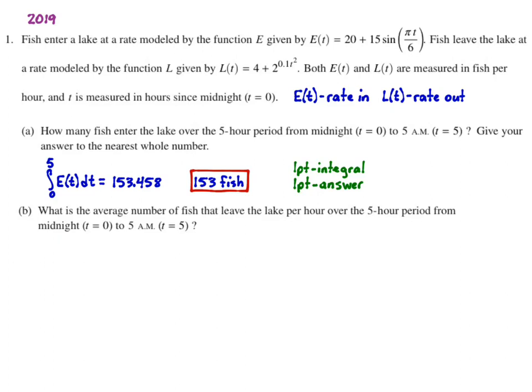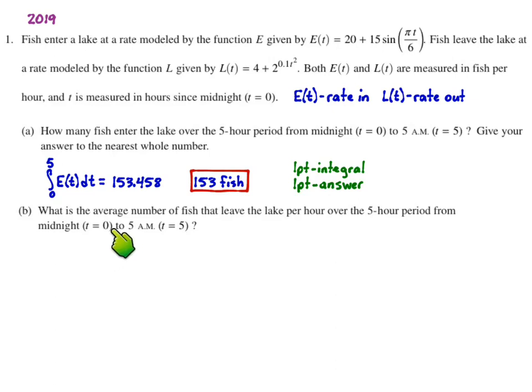For part B, it says, what is the average number of fish that leave the lake per hour over the 5-hour period from t equals 0 to t equals 5? Now, this is a little weird because it's combining a bunch of verbiage from a bunch of different concepts. So we have to be very careful about what it's actually asking for.